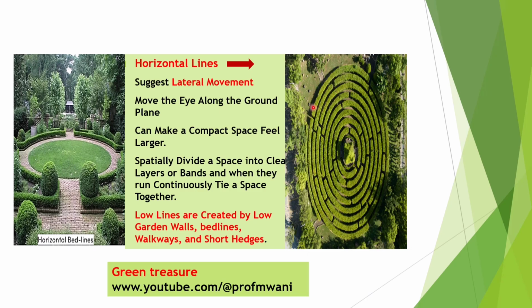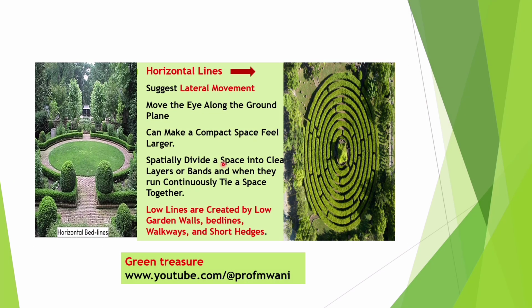If you move in an area and you are walking with these horizontal lines, it can make a compact space feel larger, because you are moving in the same space so many times, and you feel the space is very large. They especially divide a space into clear layers or bands, and when they run continuously, they tie a space together. So this is how it will look as a visual unit. These are because of the horizontal lines.